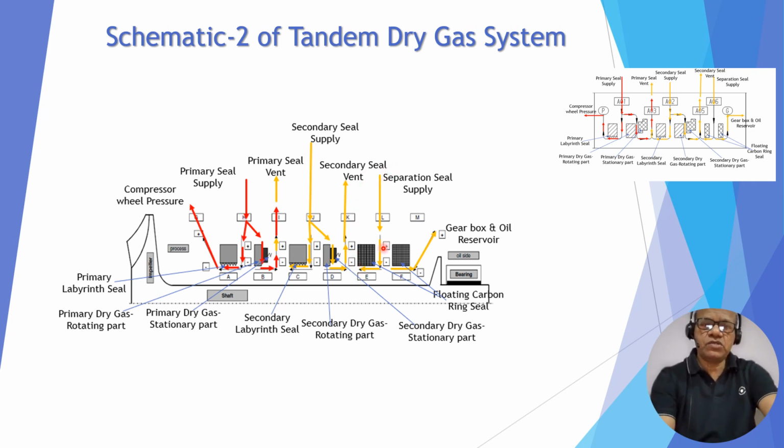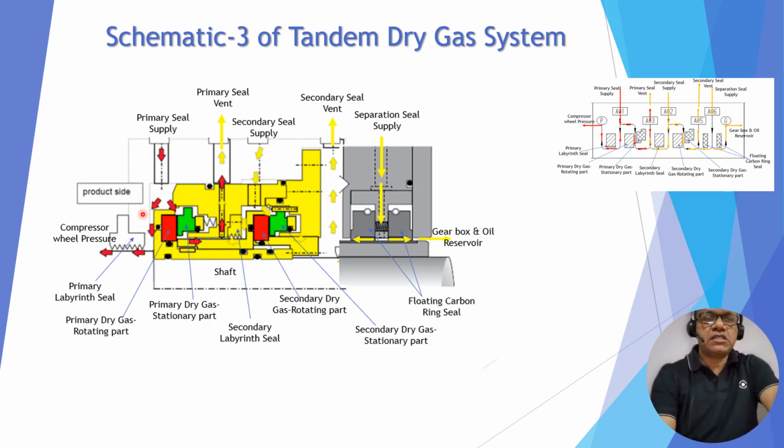Low pressure nitrogen comes here, passes through the labyrinth and the floating carbon ring, goes to the secondary vent, and then this side goes to the oil reservoir. So this is schematic 2 for the tandem dry gas seal arrangement.